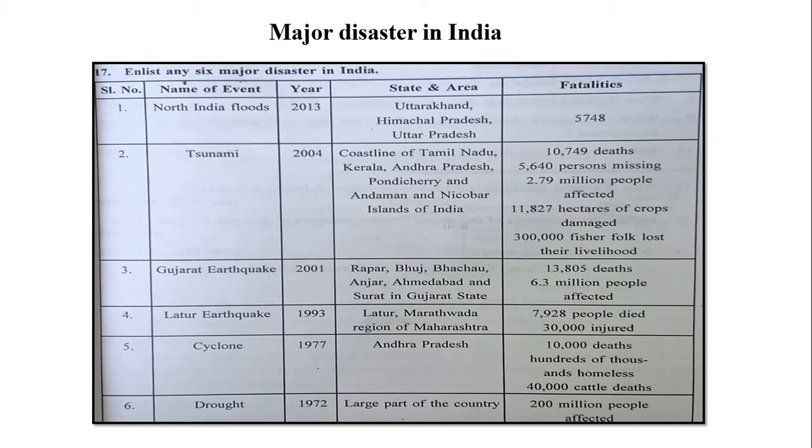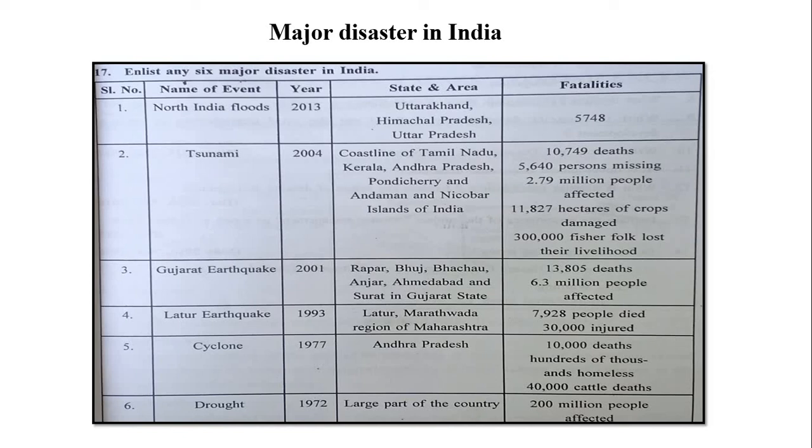Coastline of Tamil Nadu, Kerala, Andhra Pradesh, Pondicherry, and the Andaman and Nicobar islands of India. Their fatalities were 10,749 deaths, 5,640 persons missing, 2.79 million people affected, 11,827 hectares of crops damaged. Okay, 3 lakh fishers lost their livelihood. So there are many affected areas.